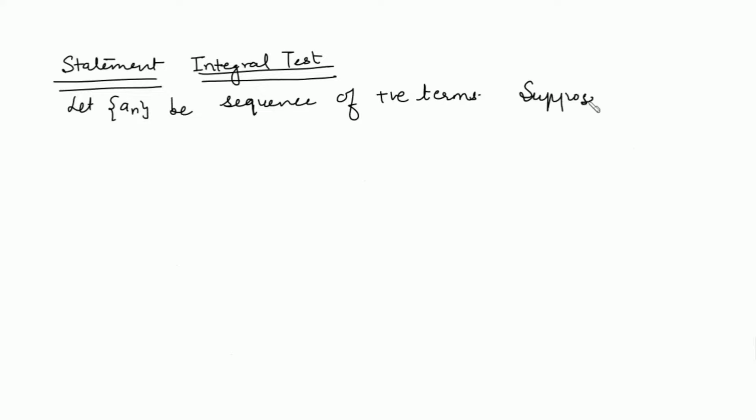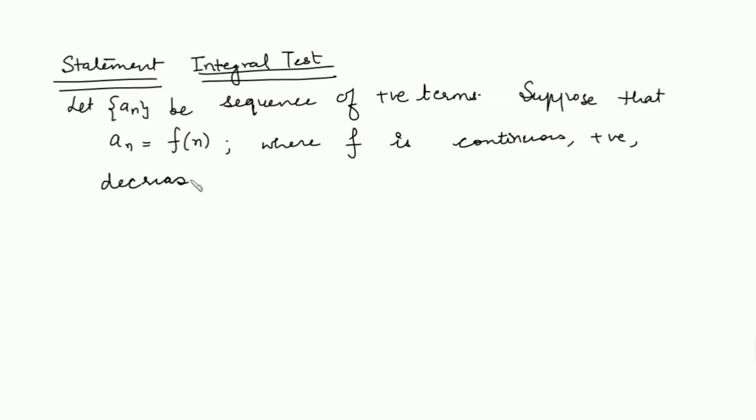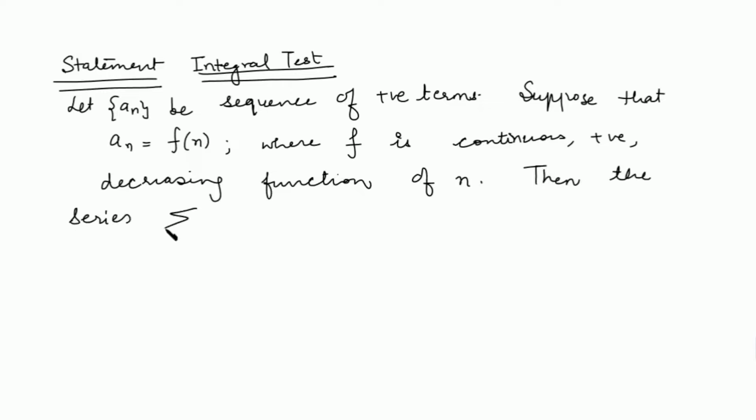Suppose that the terms of this sequence can be written as a function, where f is a continuous, positive, decreasing function of n, then the series an and the integral of f(n) both converge or diverge together.